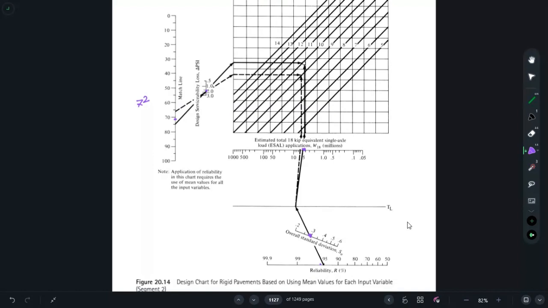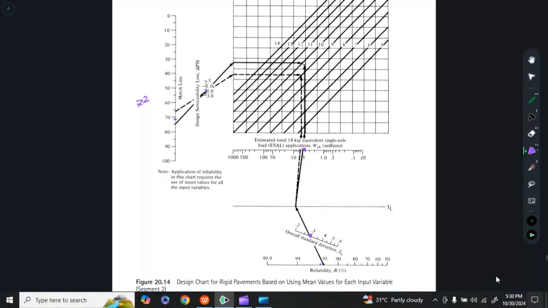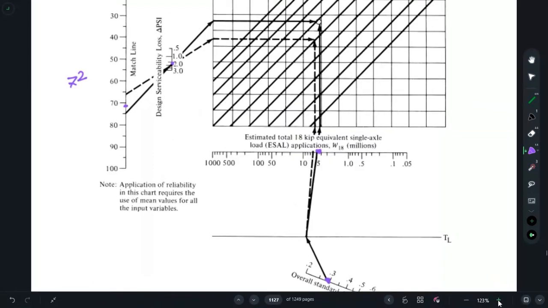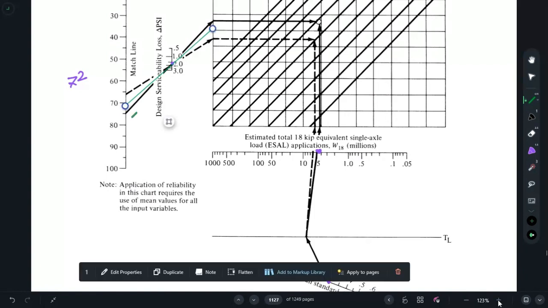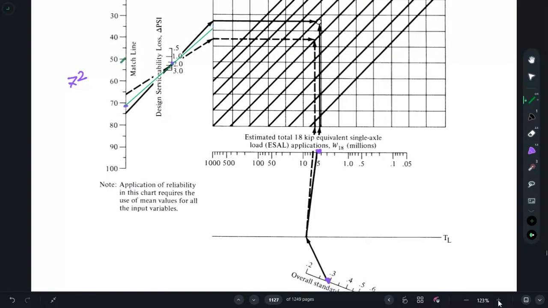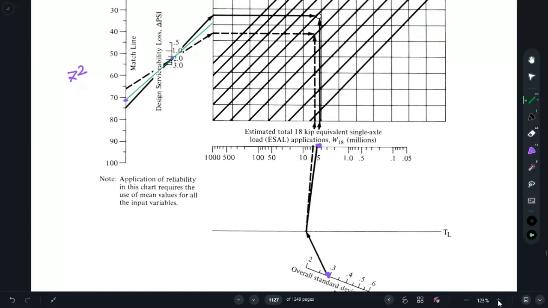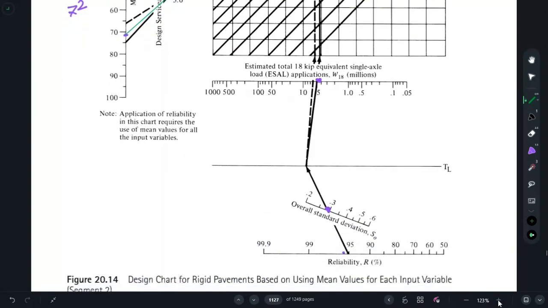So what you will do, we'll zoom in a little bit so that we can get a better view. Let's connect these points. You have a point right over here, and you have this, and you will go like this. Fine. Later, we'll go a little bit down and come from reliability and standard deviation.